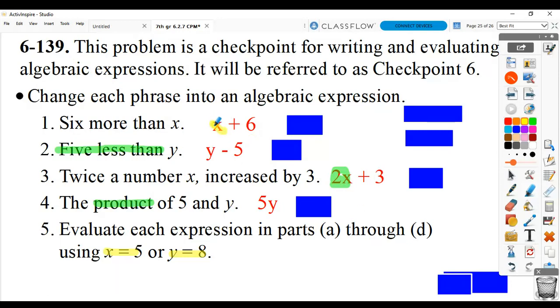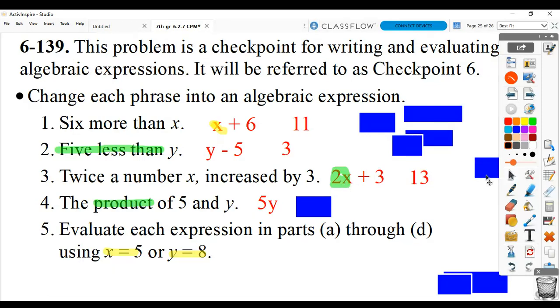Well, if x is 5, 5 plus 6 would give you a value of 11. If y is 8, 8 minus 5 would give you 3. If x is 5, 2 times 5 plus 3 would be 13. 5y means 5 times the value of y, which if it's 8 would be 40. And then that answers the part E.